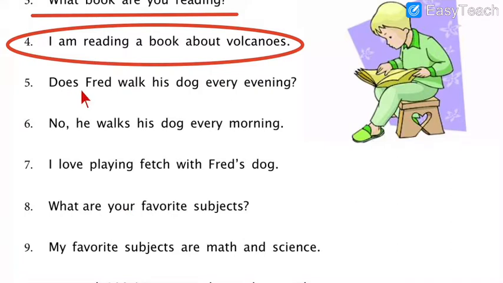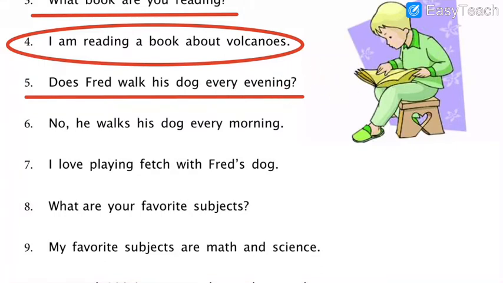Next one, does Fred walk his dog every evening? So your time starts now. Solve it. 5, 4, 3, 2, 1, 0. What is it, students? It is a question, because the question is being asked about Fred. Does Fred walk his dog every evening?